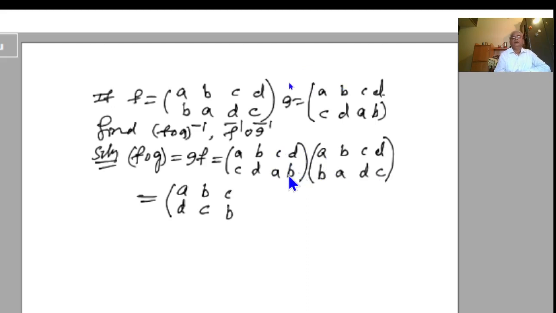Next D to B, B to A, that is DA. So this is our F composition G.